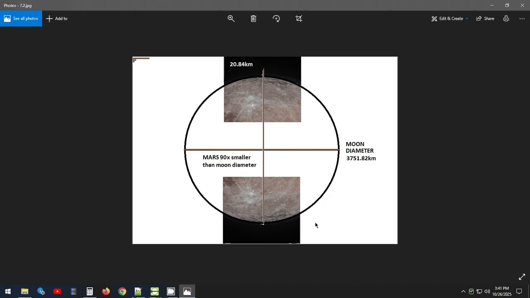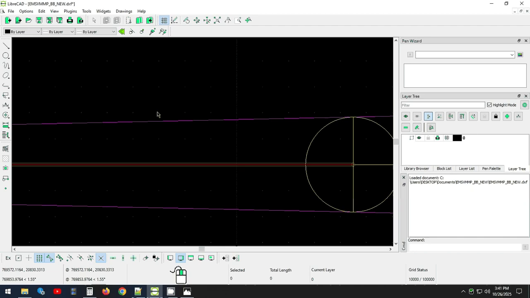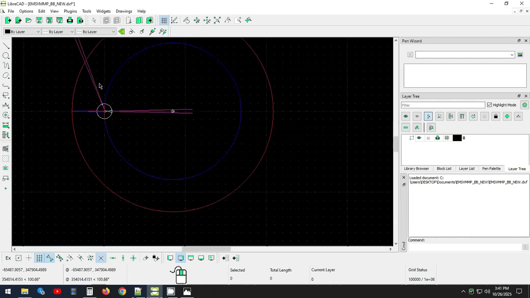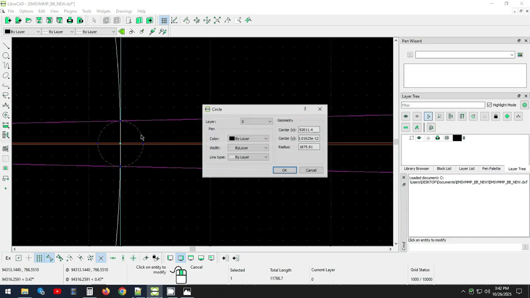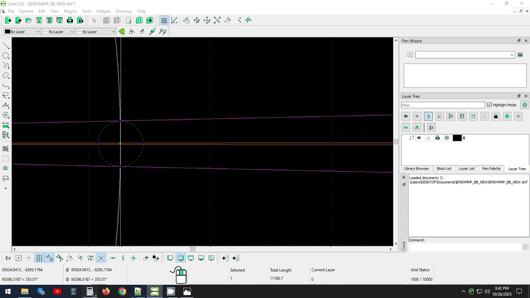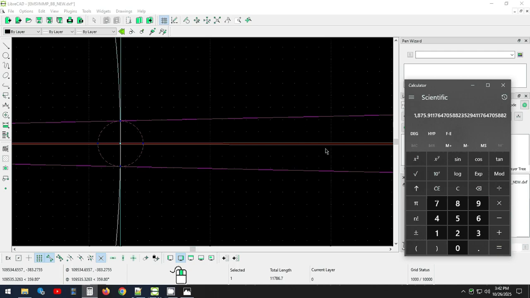But accordingly, with the same photo, I was able to map out the circular size of the moon. So in this example, we take the moon diameter, which is actually twice the radius of the moon. So 3,751 kilometers.